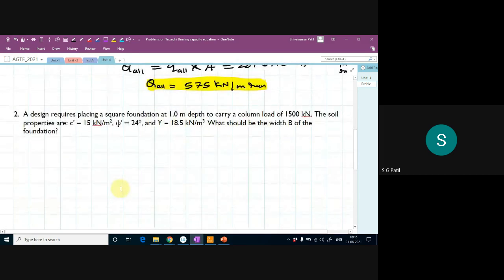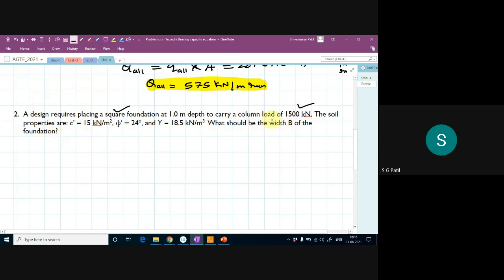Second problem. What they are telling: a design requires placing a square foundation at 1 meter depth to carry a column load of 1,500 kilonewton. The soil properties c dash, phi dash, and gamma are given. What should be the width B of the foundation?